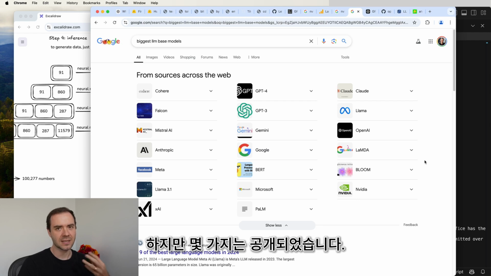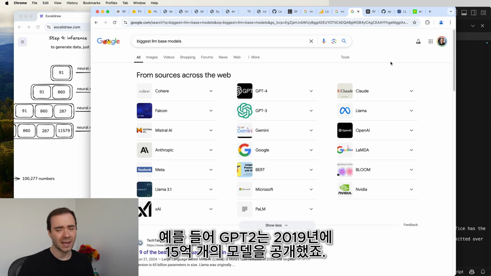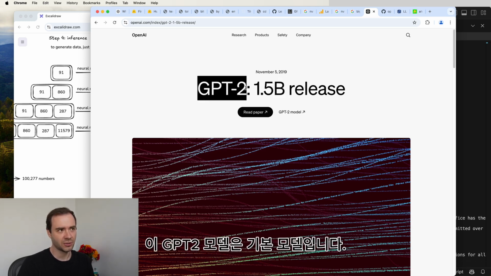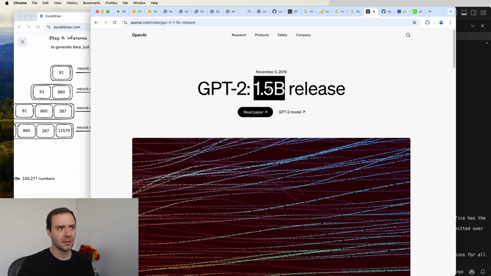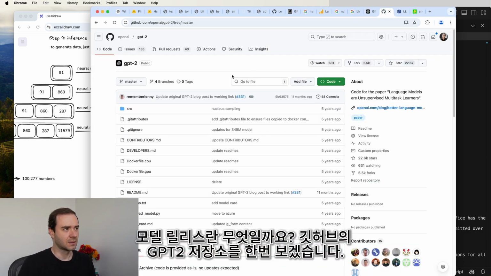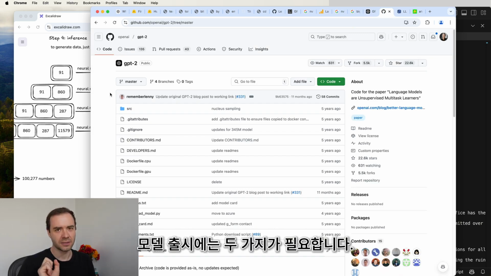However, a few releases have been made. As an example, the GPT-2 model released the 1.5 billion parameter model back in 2019. And this GPT-2 model is a base model. Now, what is a model release? What does it look like to release these models? So this is the GPT-2 repository on GitHub. Well, you need 2 things basically to release a model.